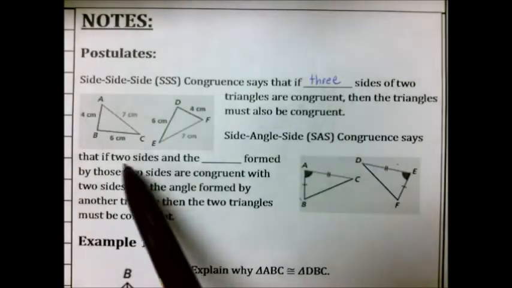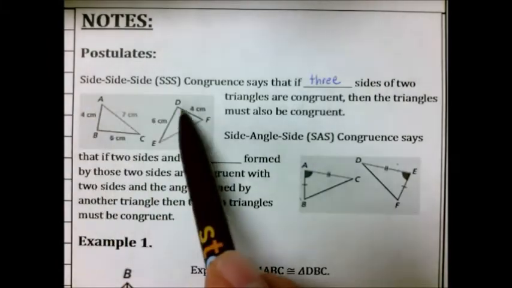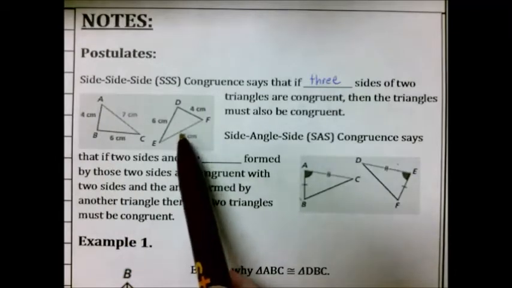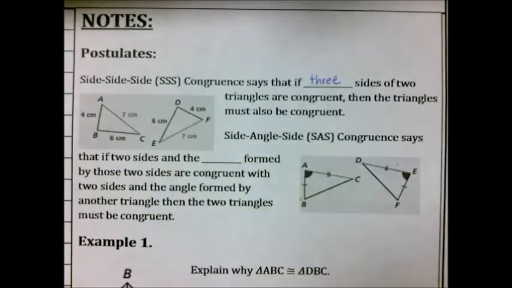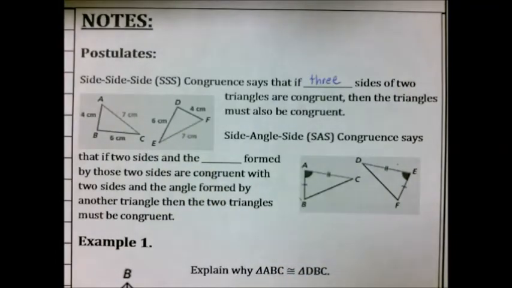So what this looks like here is we have two triangles and we can see that all three of these sides are congruent. AB is 4, DF is 4, AC is 7, EF is 7, BC is 6, DE is 6. All three have corresponding sides that are congruent to one another. Therefore, these two triangles have to be congruent.